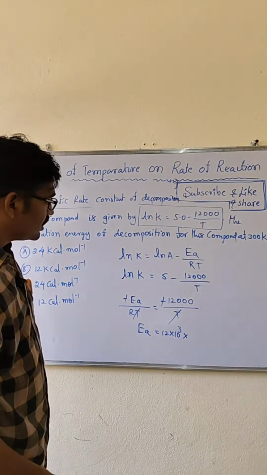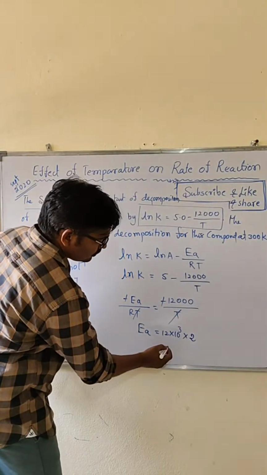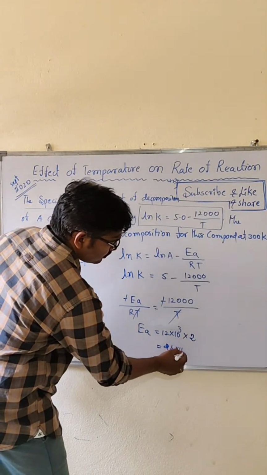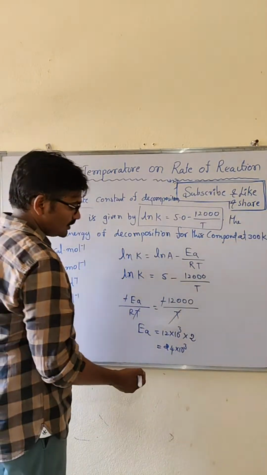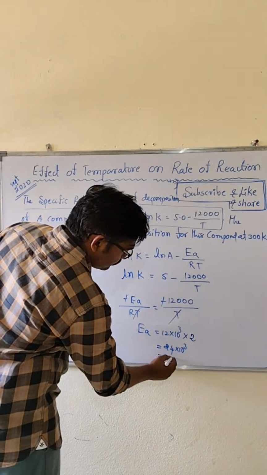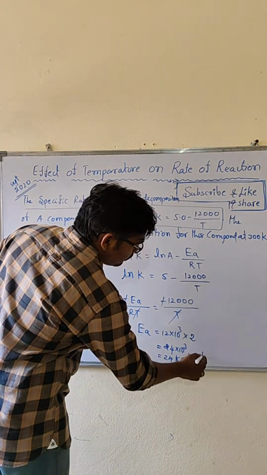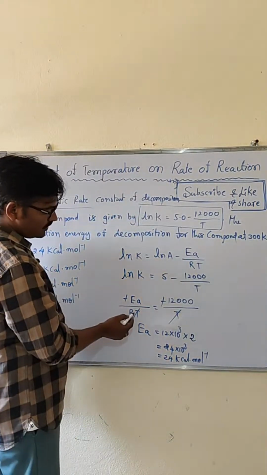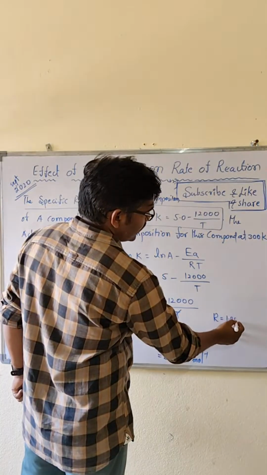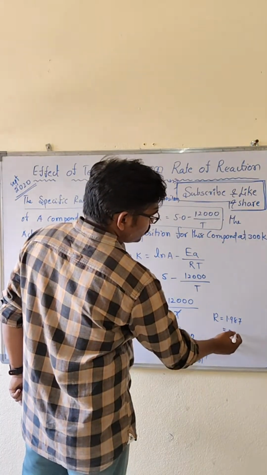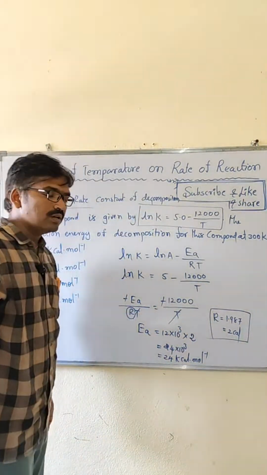The R value is given in calories, so R is 2. So 12 into 2 is 24, so 24 into 10 to the power of 3. 10 to the power of 3 we call kilocalories, right? So 24 kilocalories per mole. Remember, my dear students, the R value we take in this case is 1.987, or approximately 2 calories. Clear? Understand all of you?